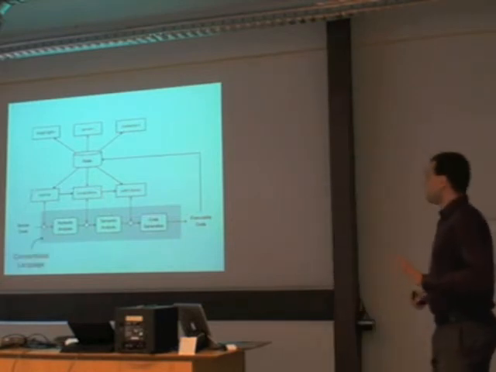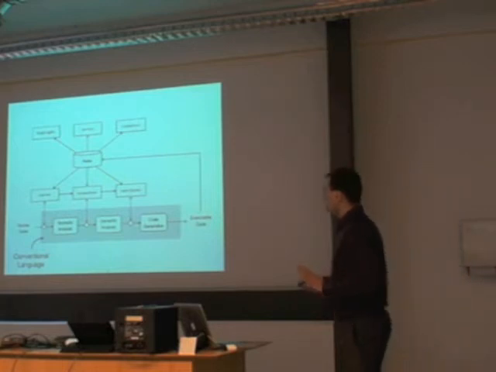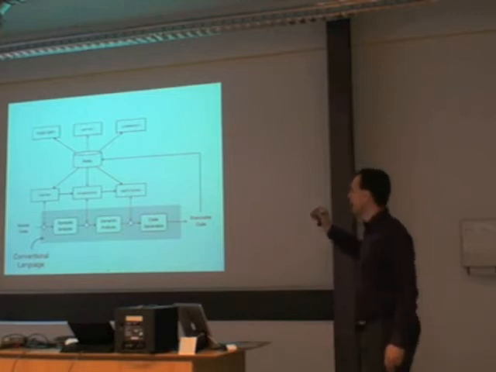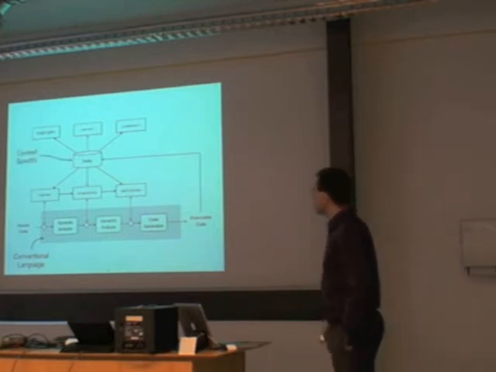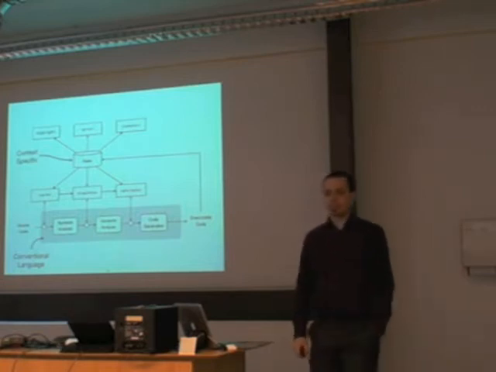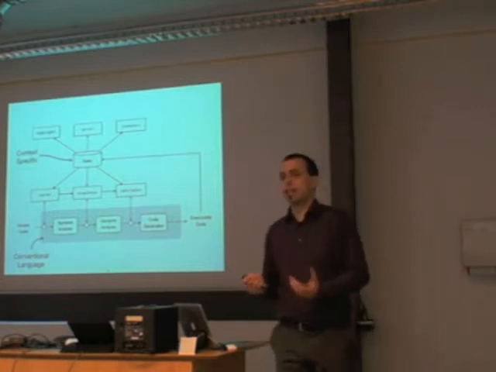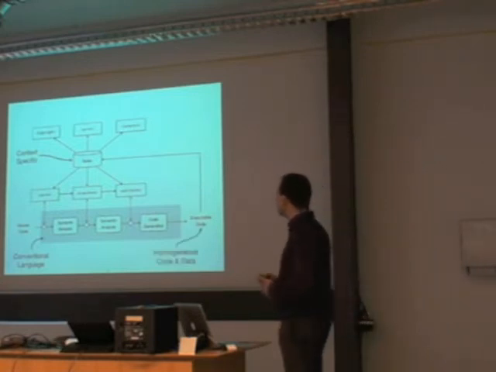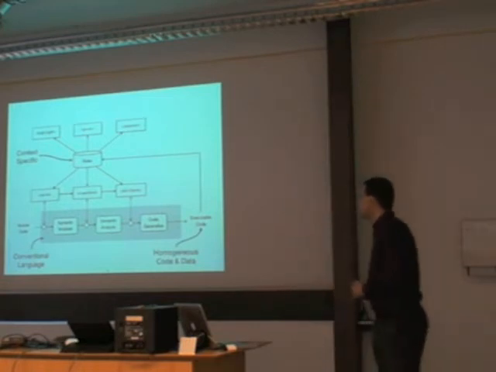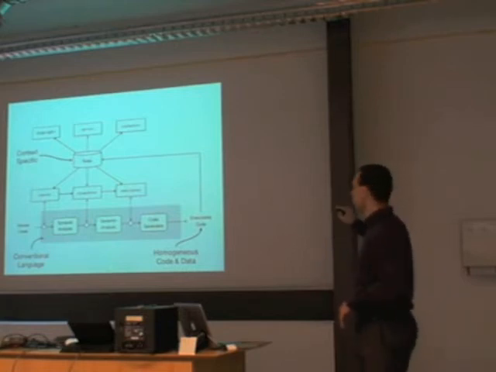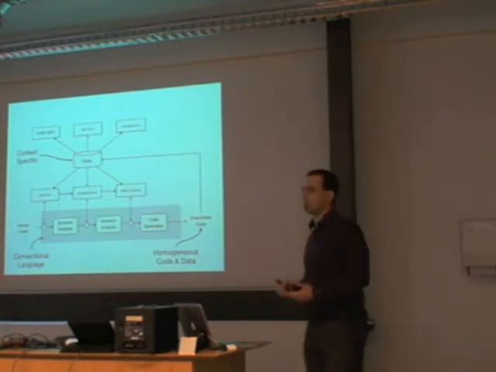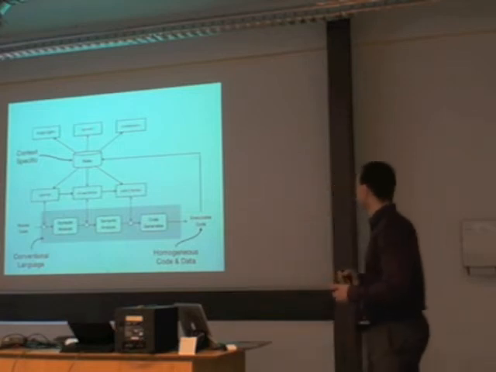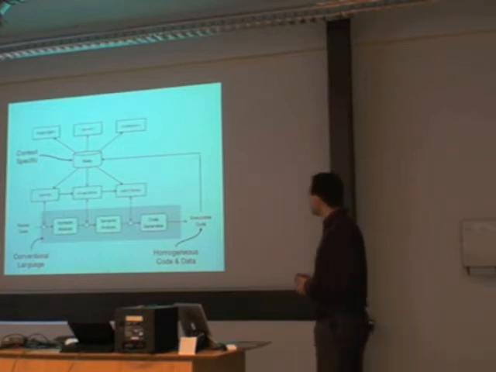So just to quickly summarize the Helvetia system, we support a conventional language because we build into the existing compiler toolchain. We have context-specific languages because the rules can activate or deactivate themselves depending on the context they are used in. We have homogeneous code and data because everything is in the end transformed down to the same executable code model, to the same execution engine.